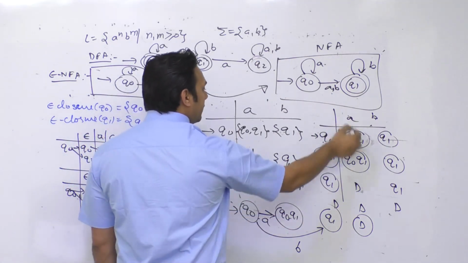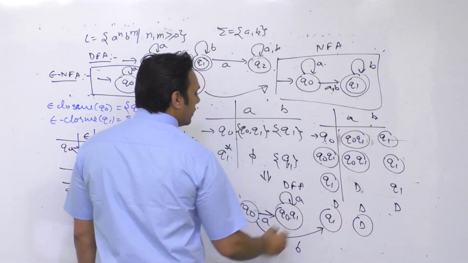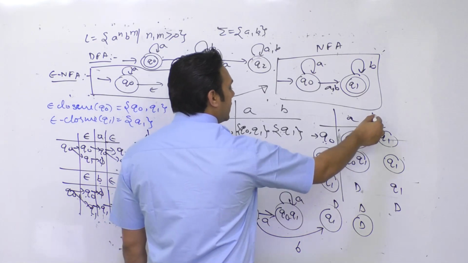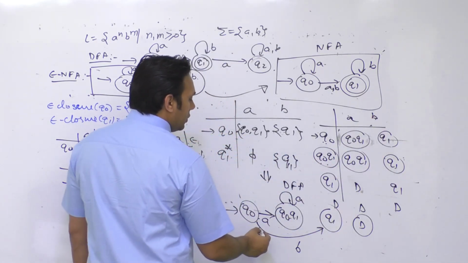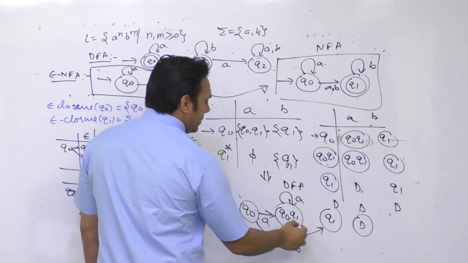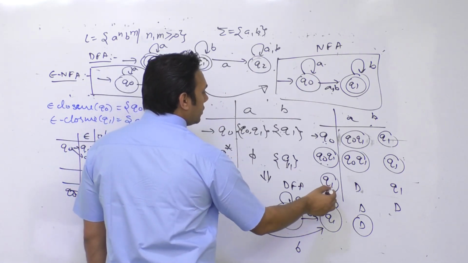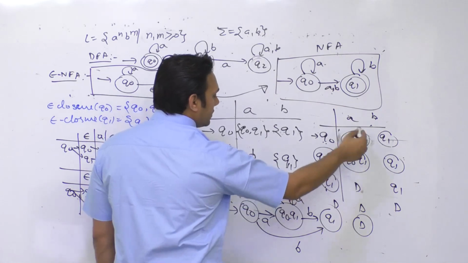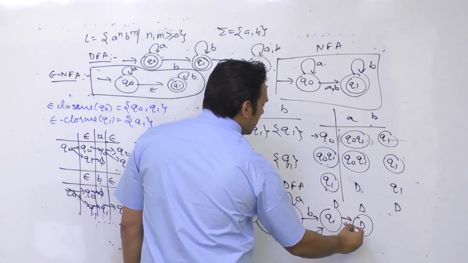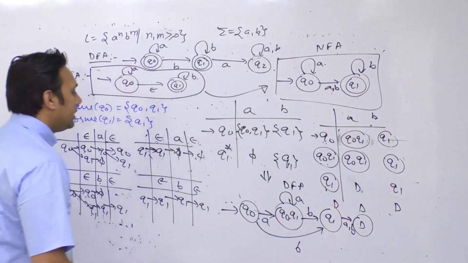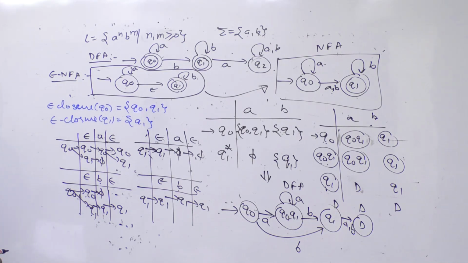So in Q0 Q1, if I'm giving a symbol A, I'm going to Q0 Q1 only. So in Q0 Q1, if I'm giving a symbol B, I'm going to Q1. Here I'm going to Q1. And here in the dead state, if I give a symbol A or B, I'm going to a dead state. तो यहाँ पर हम लोग एक dead state पर जा रहे हैं. We are going to a dead state in this case. Okay.